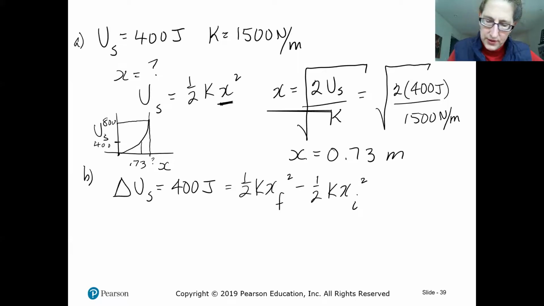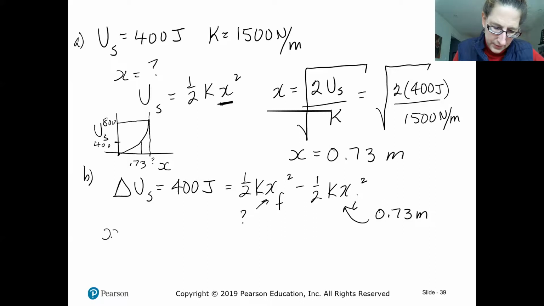Now we know x initial is going to be the 0.73. That's where it starts here. So that's the 0.73, and this is the unknown. So if we solve for x final, let's just redefine this. I'm going to add the 400 plus the half k times the 0.73 squared.